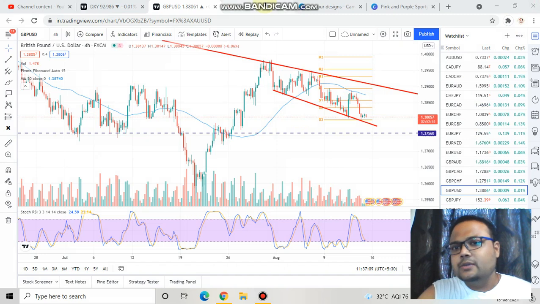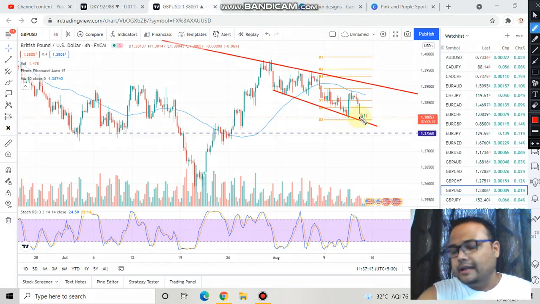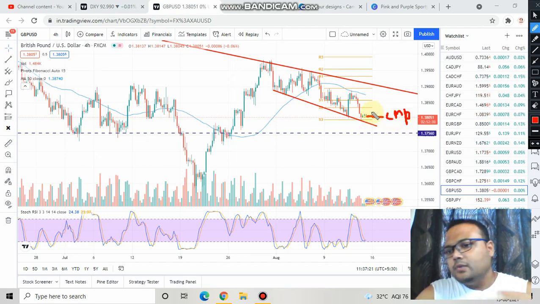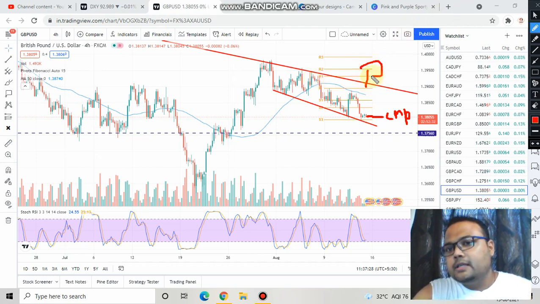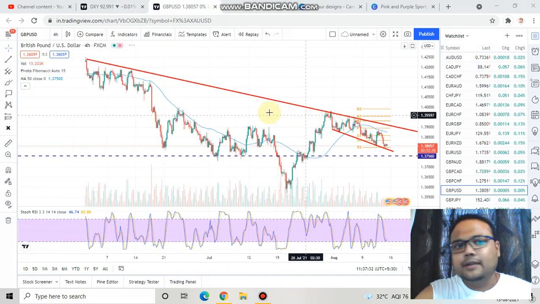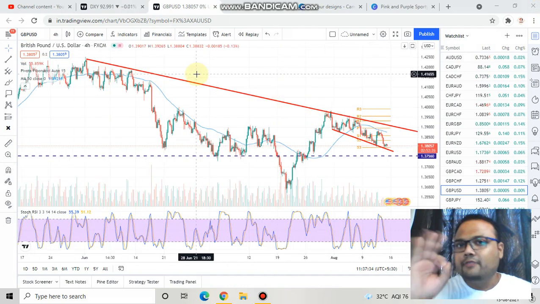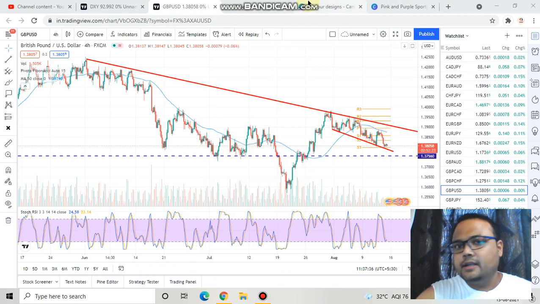In this case you can see that we do not have any proper resistance near the current market price. Right now market is trading here. This is the current market price, CMP. But near this we do not see any proper resistance. There is one resistance in the form of a trend line, but this resistance is quite far away. I have been talking about this trend line for quite some time, because this trend line is a valid resistance for the market, and there is no doubt about it.